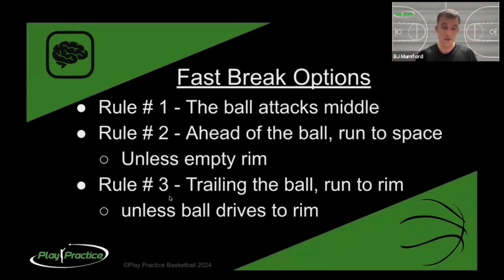And this is one where, as a big guy, as a player that gets a lot of rebounds, you can get 10 or 12 points a game by just doing this. Every time you throw the ball ahead, you sprint to the rim, and assuming the ball has not already attacked the rim itself, which would change your mind, you want to run to the rim because when the ball gets stopped by the defense, it's like taking a breath.